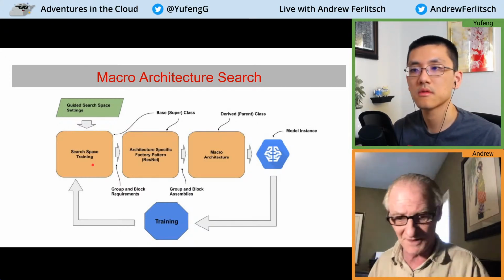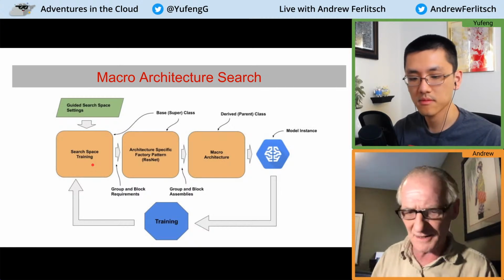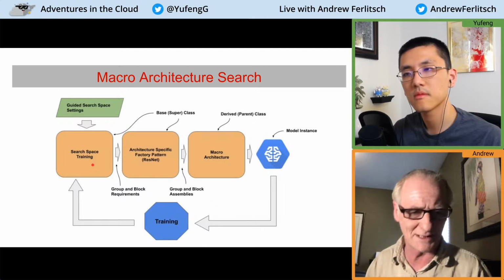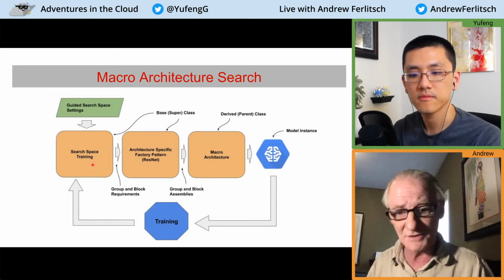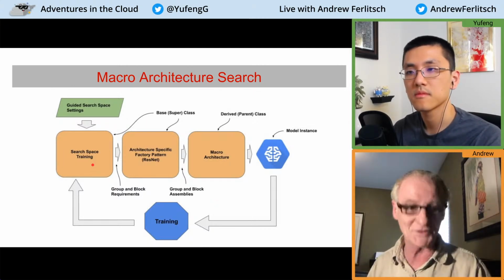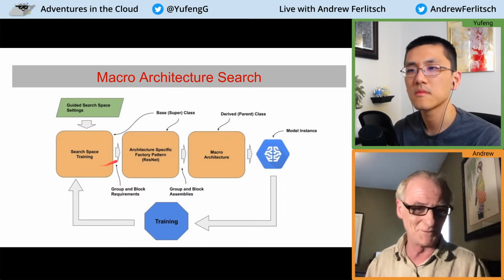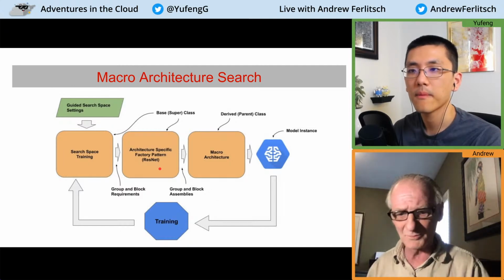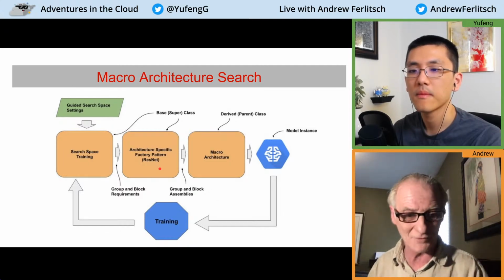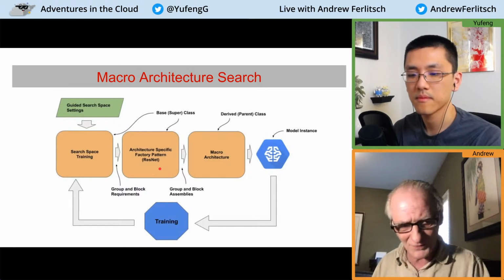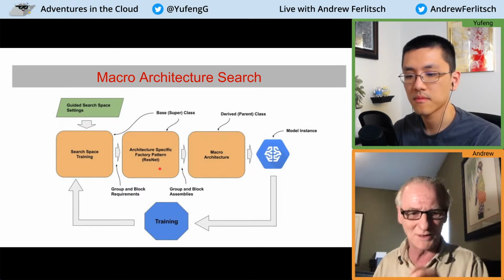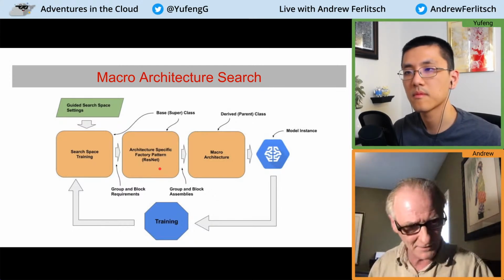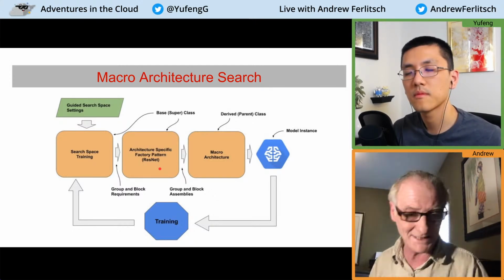It wants to improve. But what it's going to design is not the fine details, but the component connections. It's going to be connected to what we call a factory. Those of you who are familiar with OOP, this is the factory design pattern. It'll be specific to an architecture like ResNet, so all the inner components are identical. We don't change them, but how they hook together and assemble.